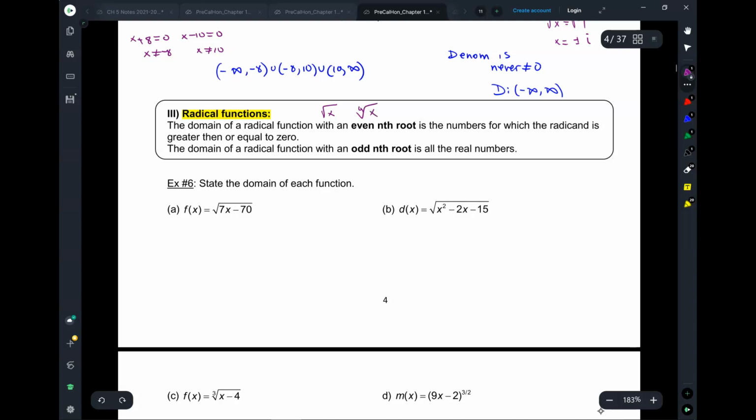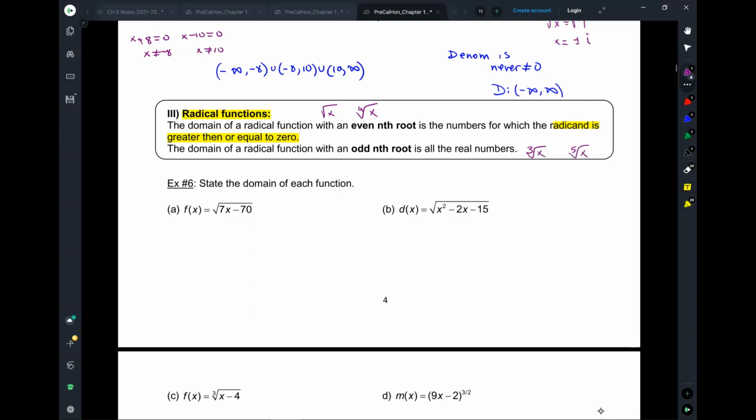With even roots, the radicand, the stuff inside, has to be greater than or equal to 0. But if you have an odd root, cube root of x, 5th root of x, it's all good.